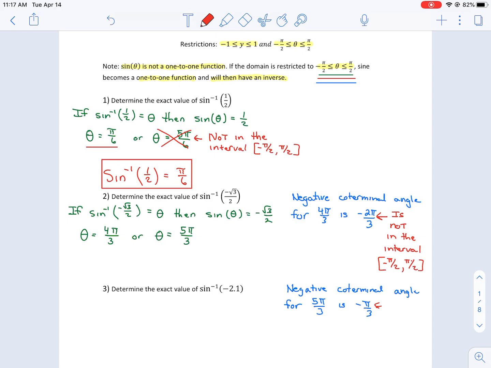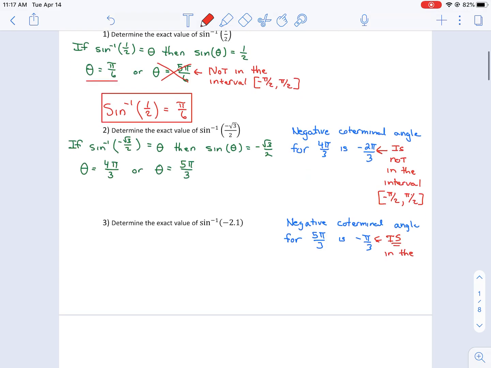This angle is in the interval. So we can conclude that the inverse sine of negative square root of 3 divided by 2 is equal to negative pi thirds.